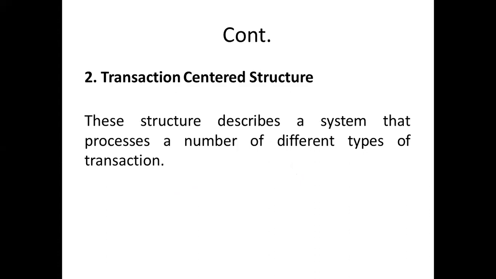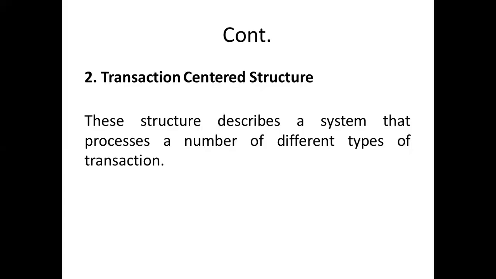Second is the transaction centered structure. This is the last slide here. After that, we can discuss various problems based on this, and how we can draw the structure chart. Another type is called the transaction centered structure. This structure describes a system that processes a number of different types of transaction.